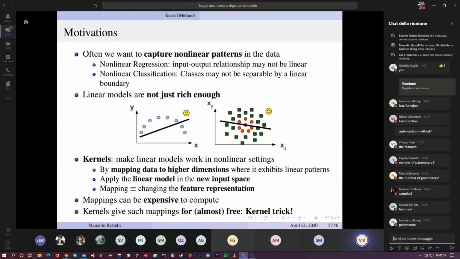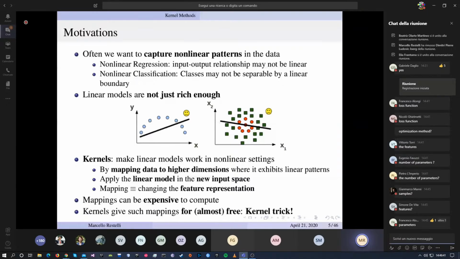Of course, the samples are important because your complexity grows with them, but you have a cubic dependence not on the samples, but on the features. As you can remember, the matrix that needs to be inverted is the number of parameters times the number of parameters. Since in linear regression you have one parameter for each feature, the complexity is dominated by the number of features. The number of samples is less relevant.